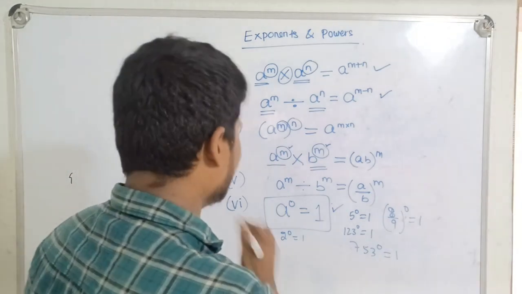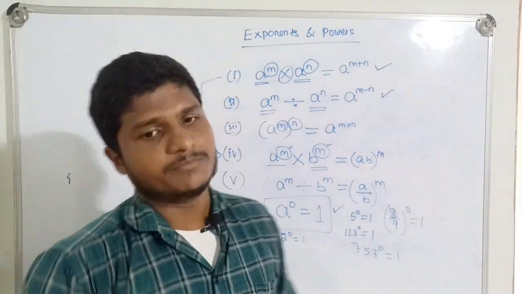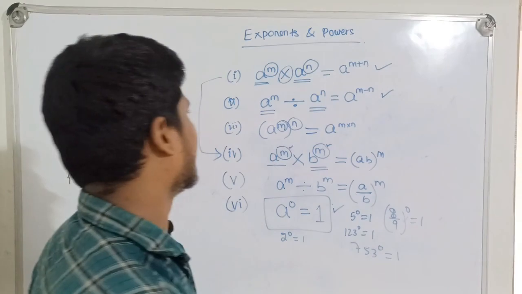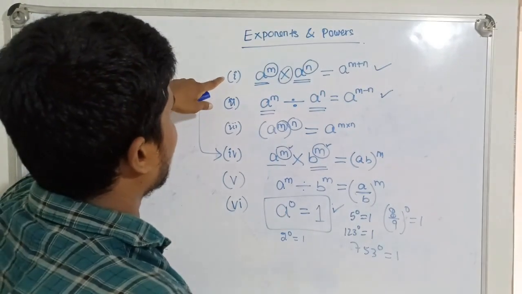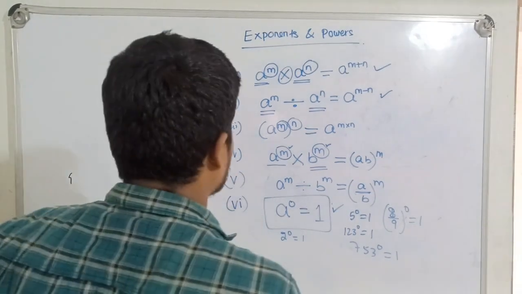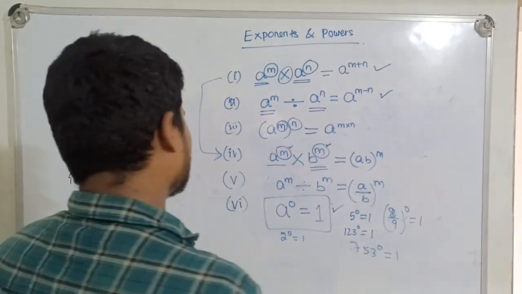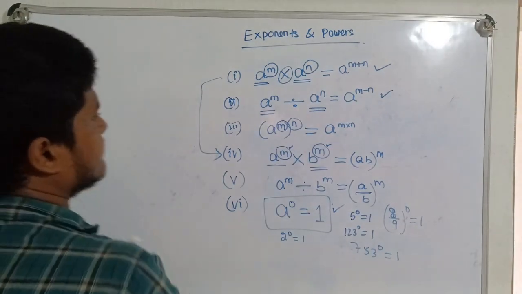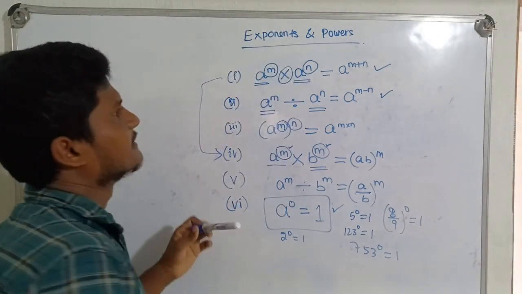Okay, we are going to the next type of formula, which is also important. In every type of formula, 1, 2, 3, 4, 5, 6 and some other formulas are very important. So let's discuss it.